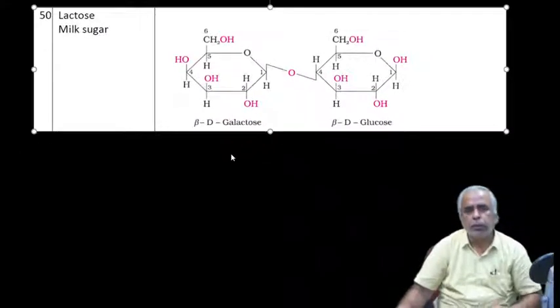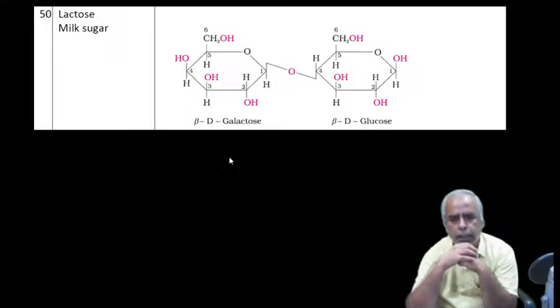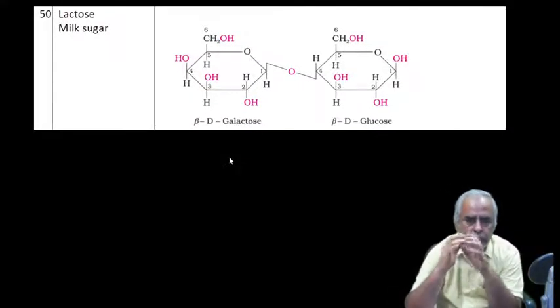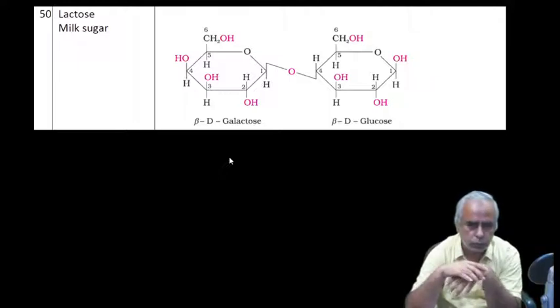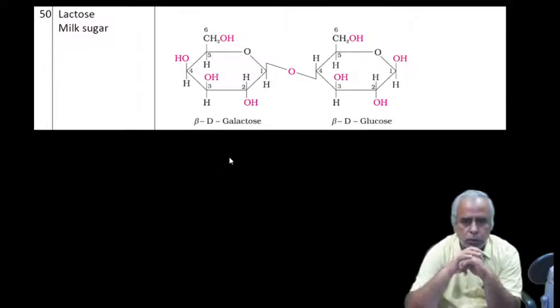Then milk sugar. So this is lactose. So lactose is the combination of beta D galactose and beta D glucose. Look at the structure of galactose.